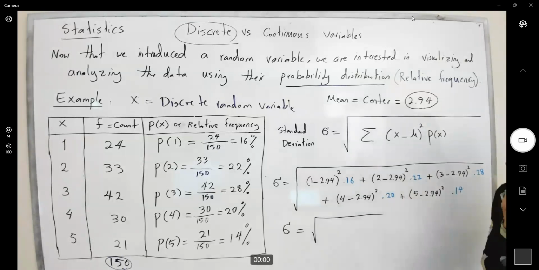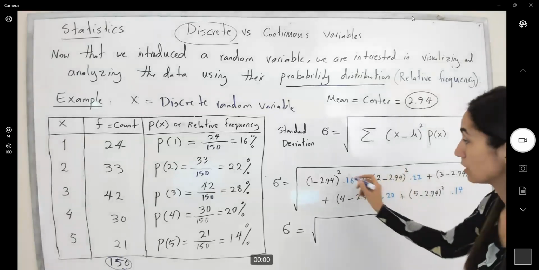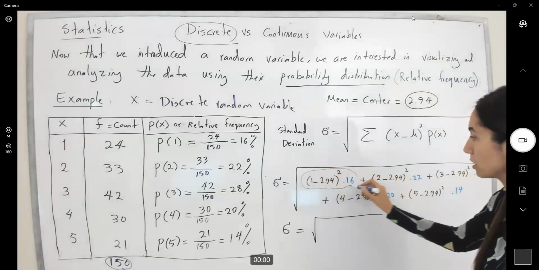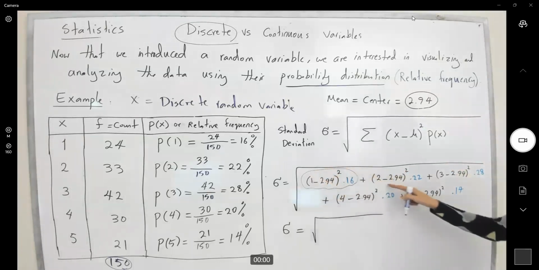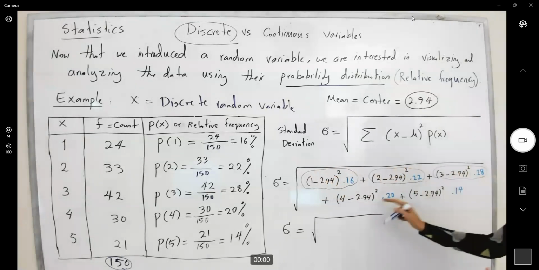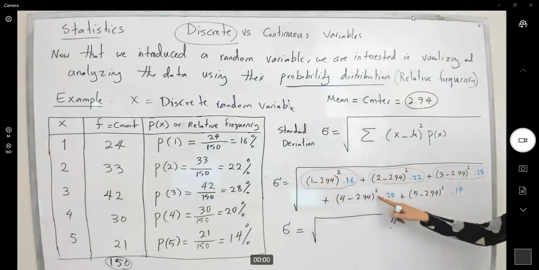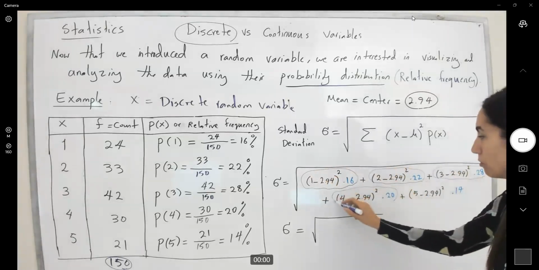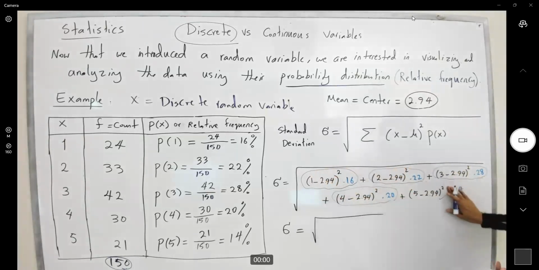So guys, you need to raise the number to the second power, multiply it by 16%, plus raise this number to the second power, multiply by 22%, and you continue this process. Remember that raising to the power and multiplications come first, then you're going to do the addition.